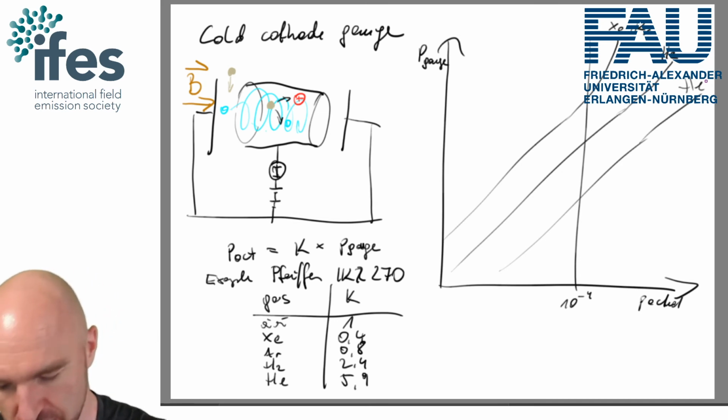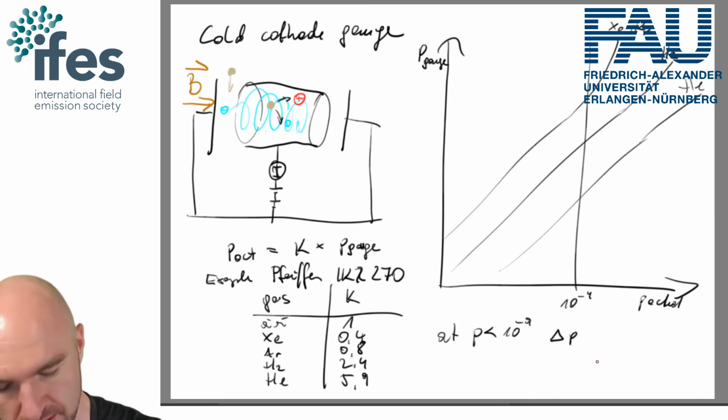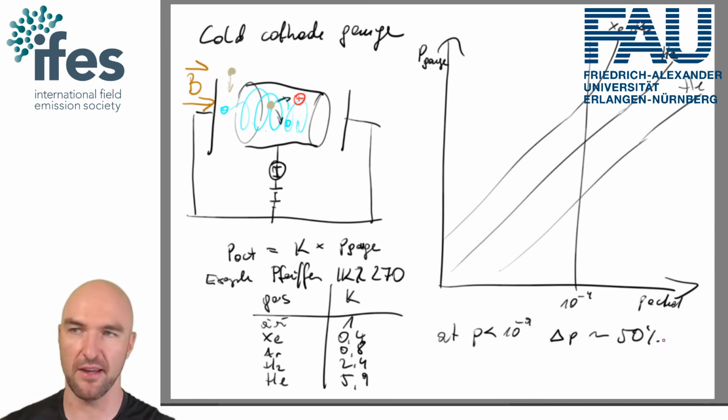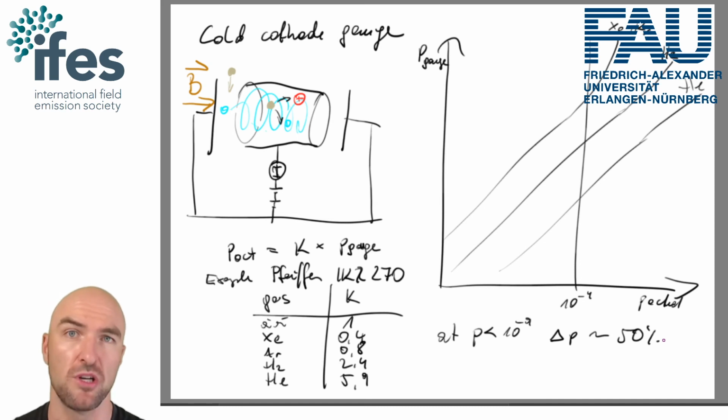Also, at low pressures, at P less than about 10 to the minus 9, the delta P, so the error, is around 50%. So we also have a relatively large measurement error of about 50%. The gauges are usually pretty reproducible, but they do have quite a significant amount of scattering.